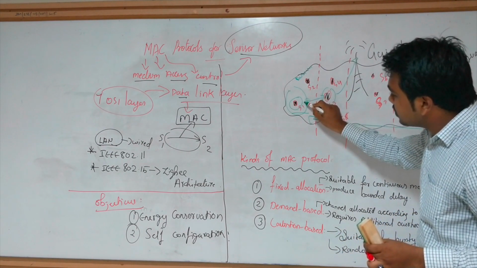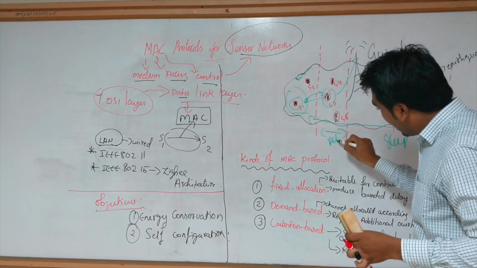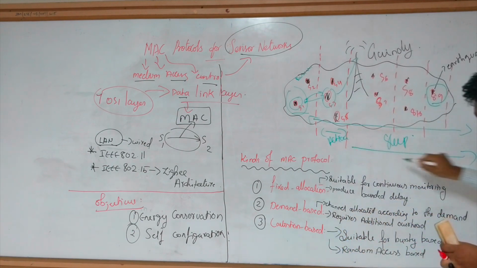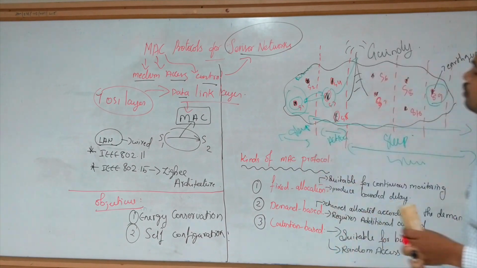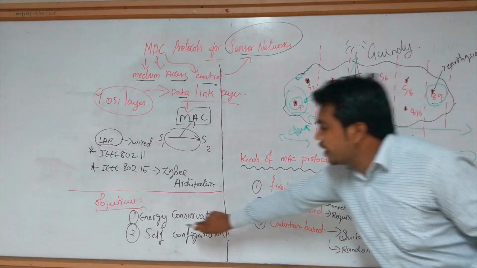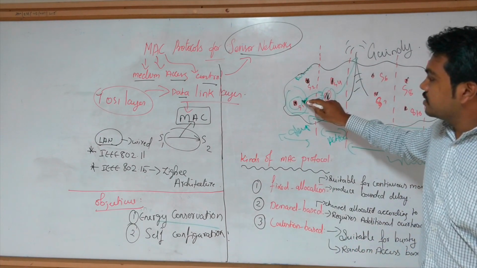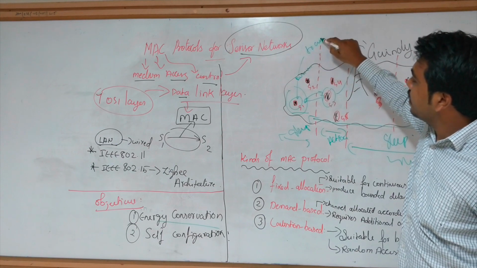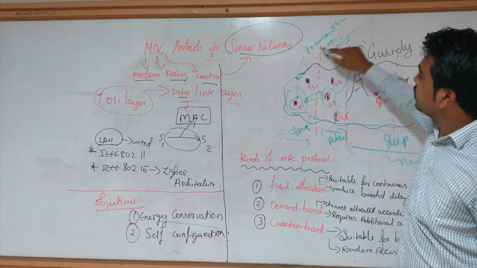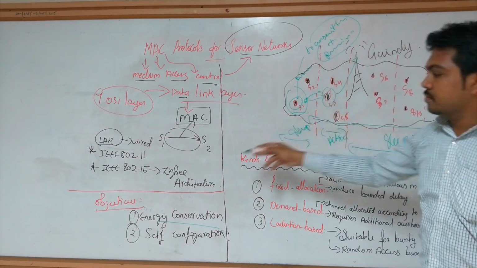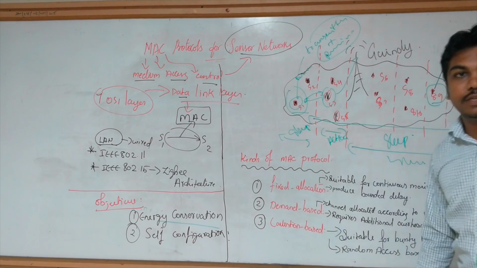Then when the information is transferred from this area to the next, only that node will be in active state, leaving the others in sleep. So what happens is, your energy gets conserved. Very simple. Each sensor has a transmitter plus receiver, so when I switch these off, energy conservation happens.